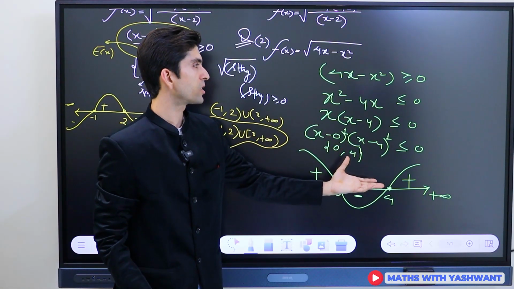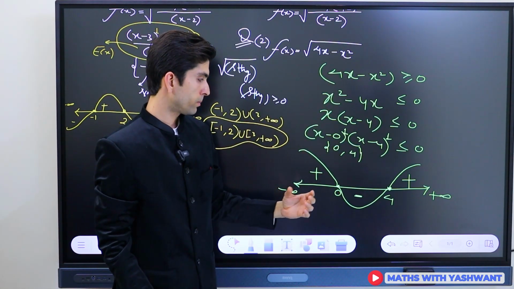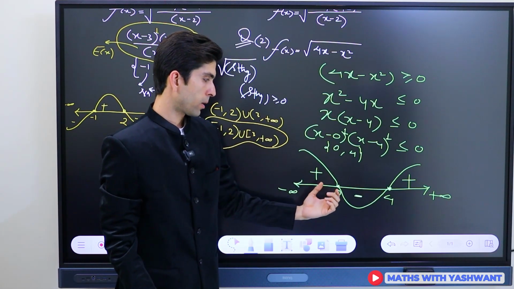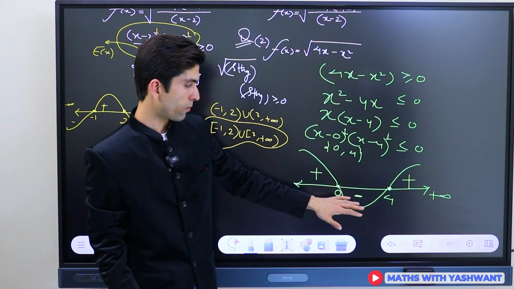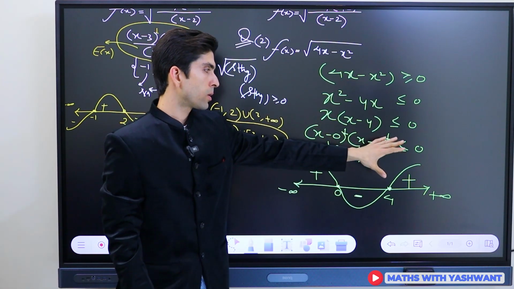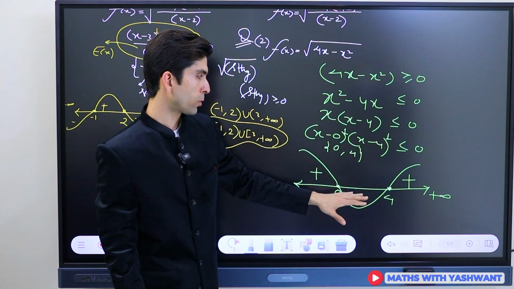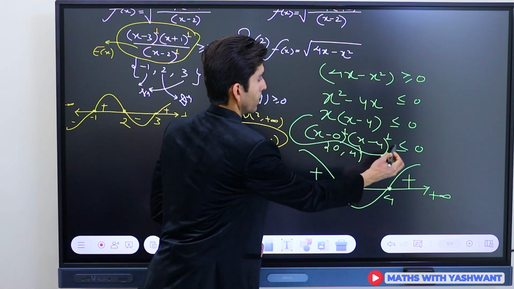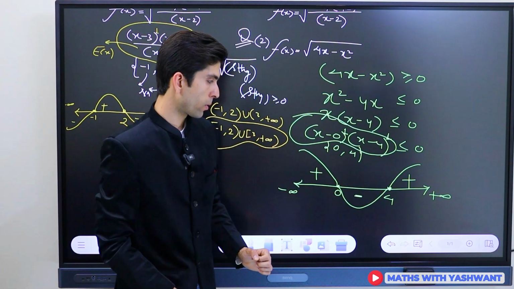So this expression achieves positive values in these intervals, and in the interval 0 to 4, because the curve is below the number line, the negative sign shows that if you put any value of x from this interval, this expression will be negative, and we want negative or 0. So if we want negative or 0 for this expression, we must take the values of x from this interval 0 to 4.